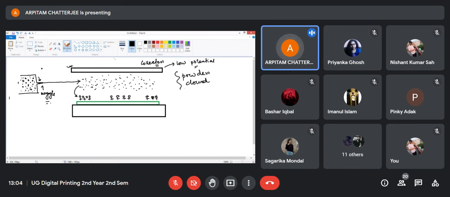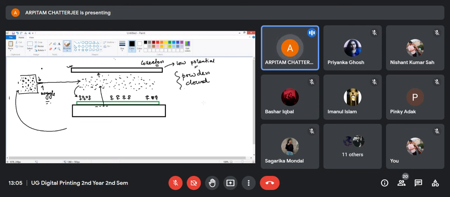These toners are negatively charged, and here also we have the negative charge, so the toners get an attraction force from this development electrode and a negative repelling from them. Both of them help them reach the development electrode, and then they are collected and used back again so that they can be put into the printing process again.